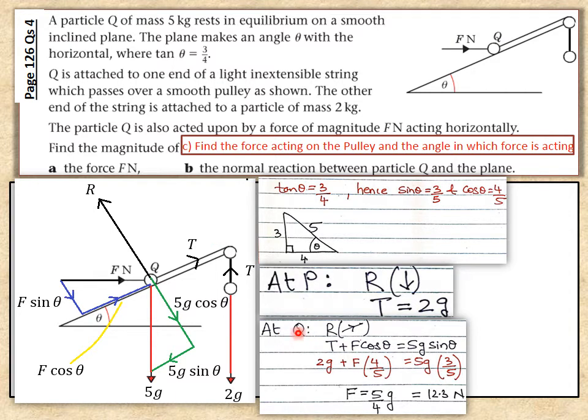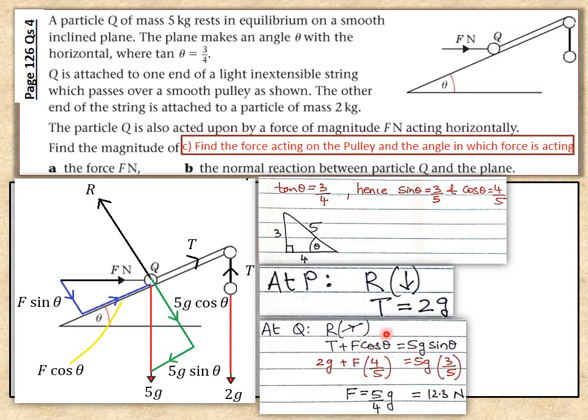At Q, mention it like this in the exam. If I resolve horizontally, as I told you, always take the surface as horizontal and R as vertical. There is a horizontal force here, you can see my pointer, and a horizontal force here. Both are acting in the rightward direction, and this is the horizontal force in the leftward direction. So together these will balance this. That's why T plus F cos theta is 5G sin theta.